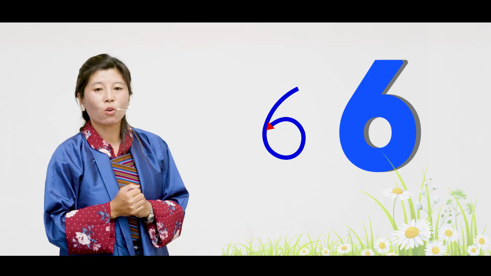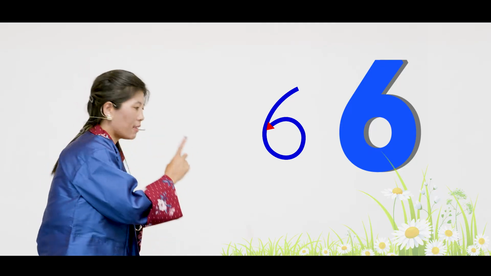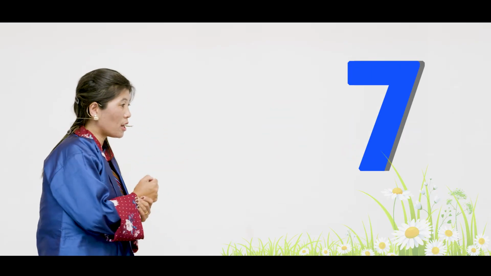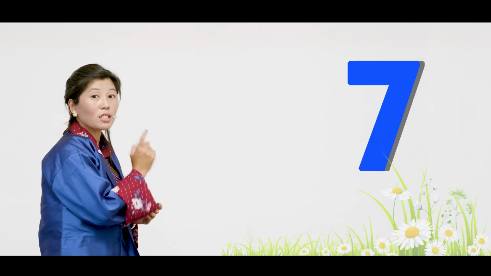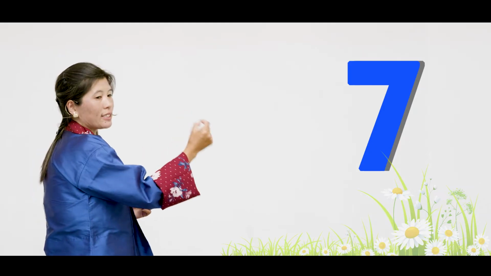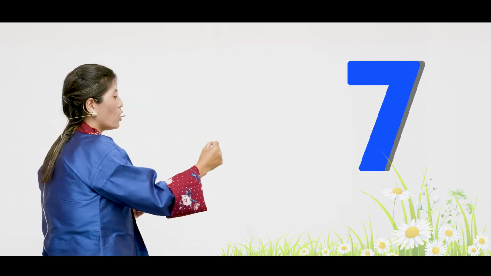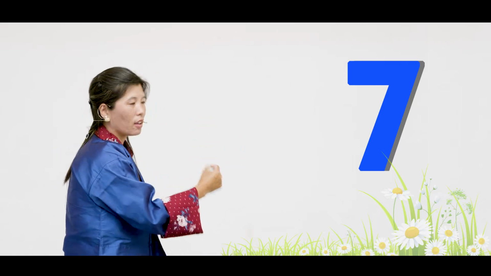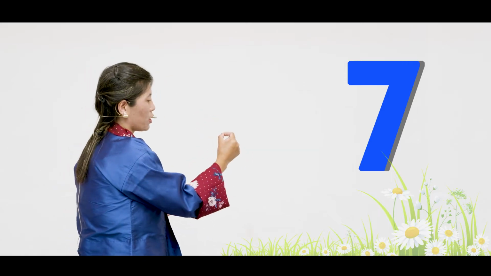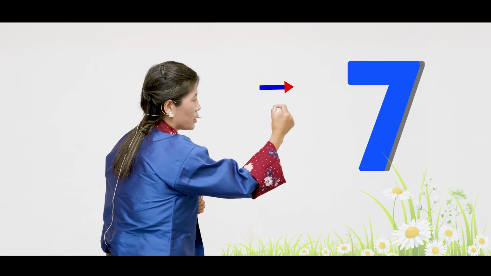Good. Now, let's look at another number. What number is this? Number 7. Yes, this is number 7. Look at how I write the number. Follow the arrow again. Start from here. Straight, come down.